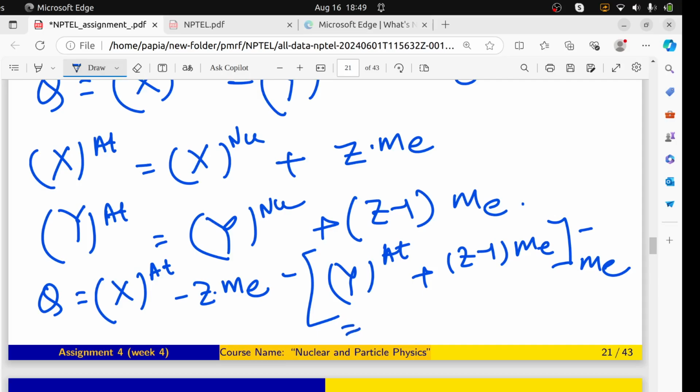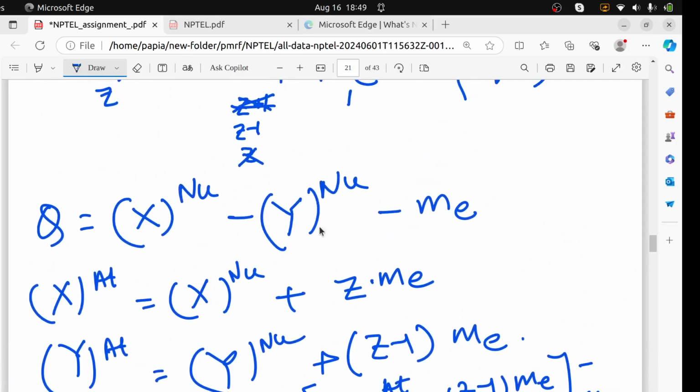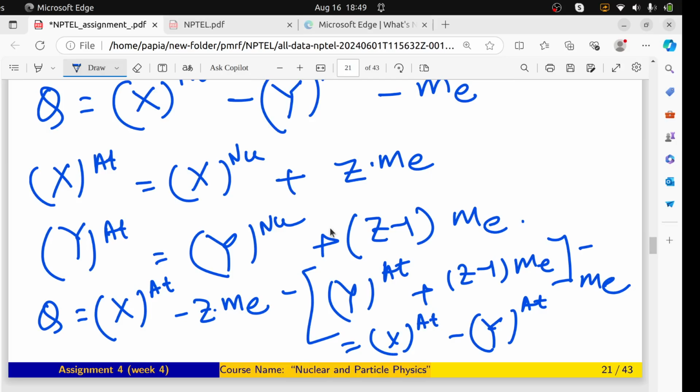So if I write this, X atomic minus Y atomic, now see, minus Z. That's why I told this is minus, because this one is there, so it will come here, so it will be minus, right? So minus Z plus Z minus 1.